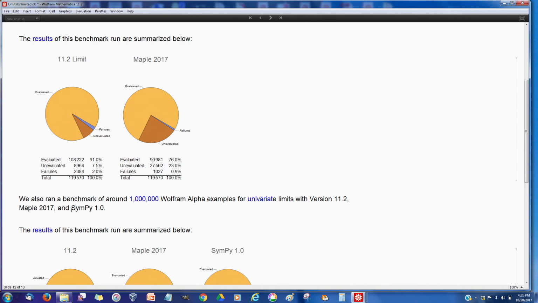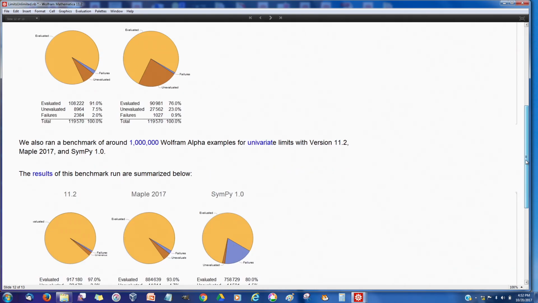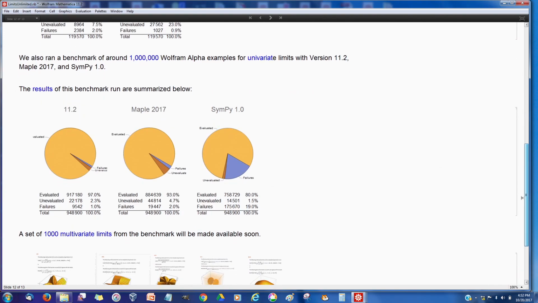Now, I believe SymPy doesn't have multivariate limits, so we only have univariate case comparison. But what happened was that version 11.2 gets 97% of them right. Maple gets 93% right, and SymPy gets as far as 80%.